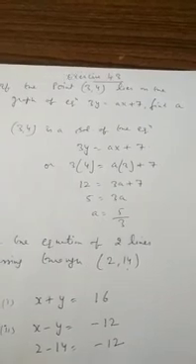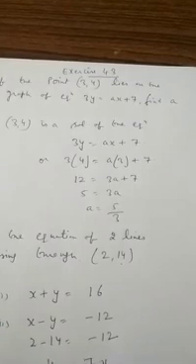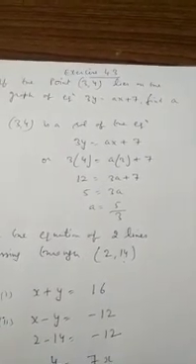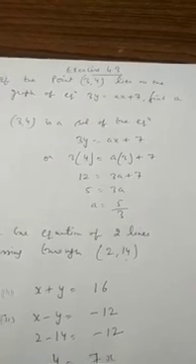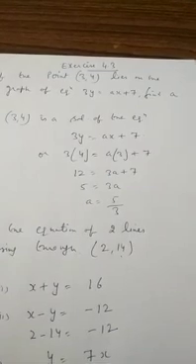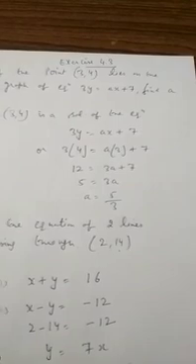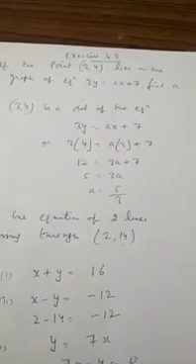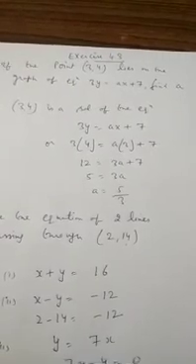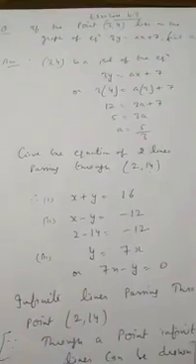The point coordinates are 3 and 4, which means x will be taken as 3 and y will be taken as 4. By putting the values in the given equation, I will get 12 is equal to 3a plus 7. On simplification, 3a is equal to 5 and a is equal to 5 by 3. In this way, we can find the value of any unknown if we know which point is lying on the equation.